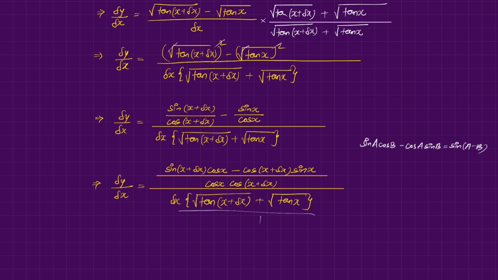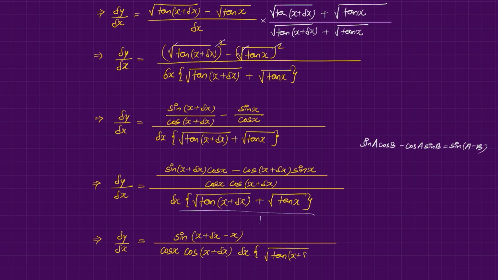So using this formula here, we will have delta y over delta x equals sine of A minus B, whole divided by cos of x plus delta x times root over tan of x plus delta x plus root over tan x.